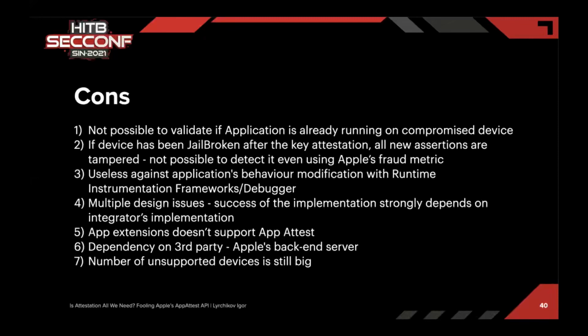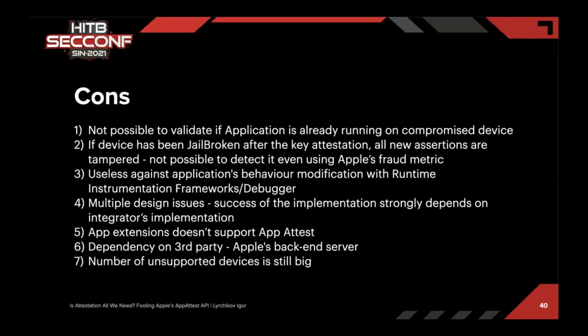So if the device has been jailbroken after the key attestation, all the new assertions might be tampered, and you won't detect it even using Apple's fraud metric, because you can just hook the application behavior during runtime, and the outgoing request will be signed using the valid attestation. So you will trust the object on your backend.